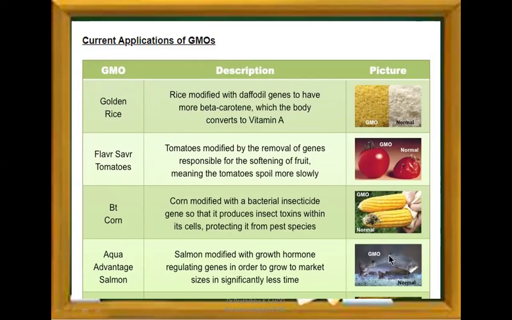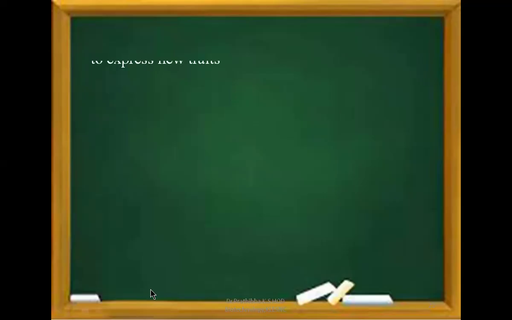The size is significantly more compared to the normal one, which is not genetically modified. So these are some of the current applications of genetically modified organisms. You must keep in mind, if you can't remember everything, the applications of biotechnology using genetically modified organisms: golden rice, flavr savr tomatoes, Bt corn, and AquAdvantage salmon.